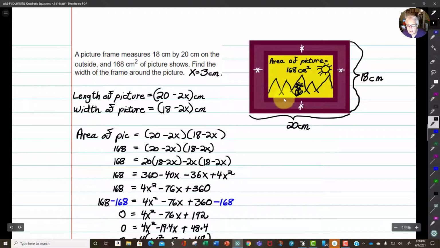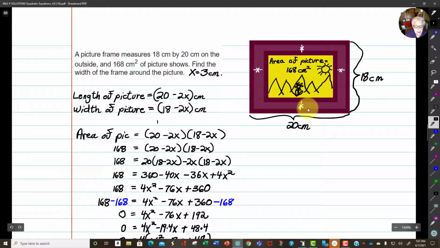Notice that the length of the picture is the original 20 centimeters minus this X minus this X, so that the length of the picture is 20 minus 2X centimeters. The width of the picture is the original 18 minus this X and minus this X. So 18 minus 2X is the width of the picture.